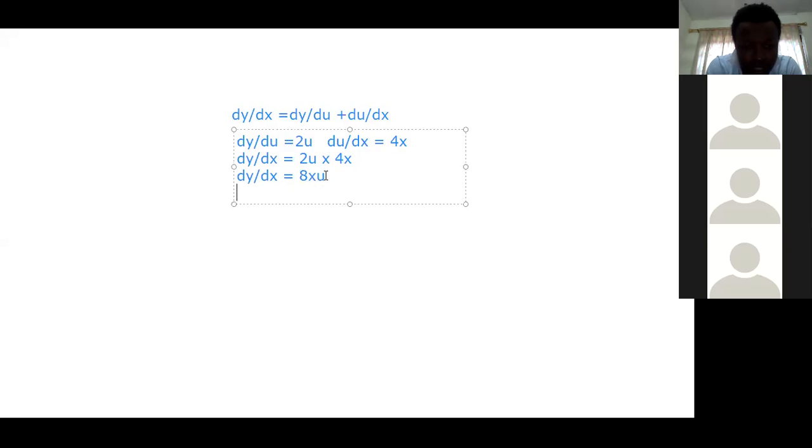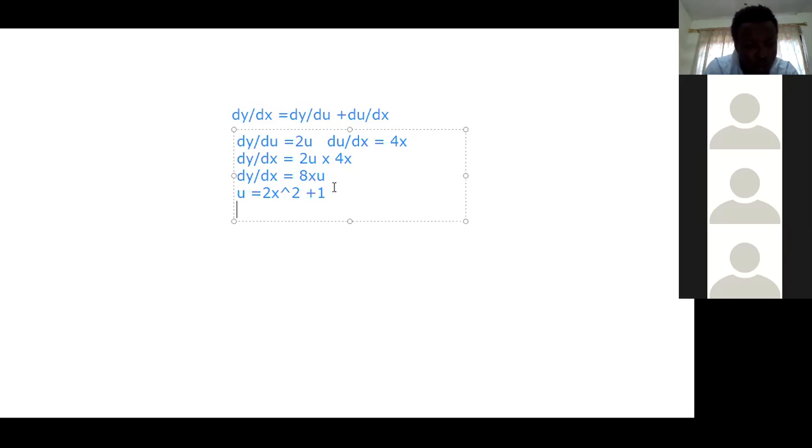But right from the onset we said let u be equal to what? 2x squared plus 1. So now anywhere we see u, we can substitute this into the equation.